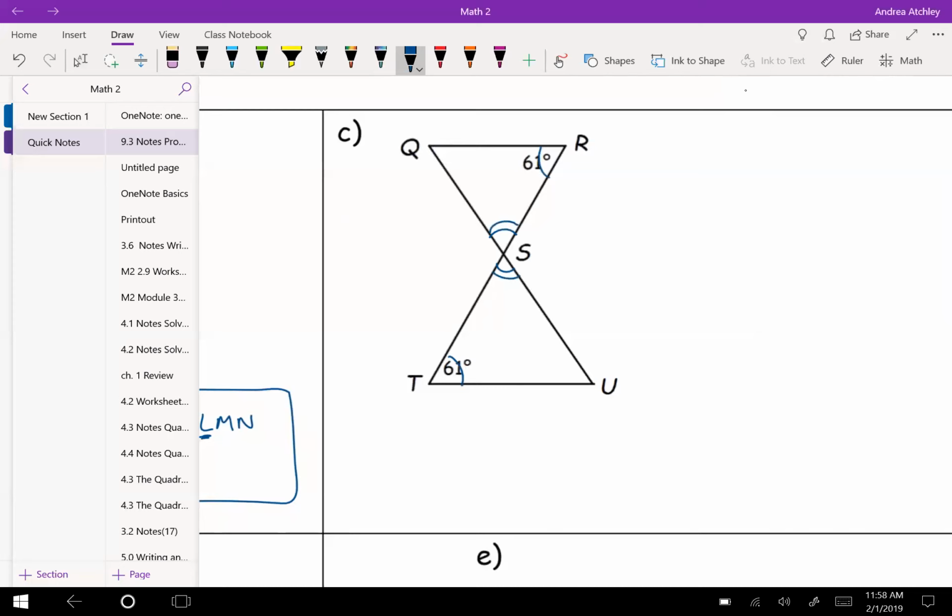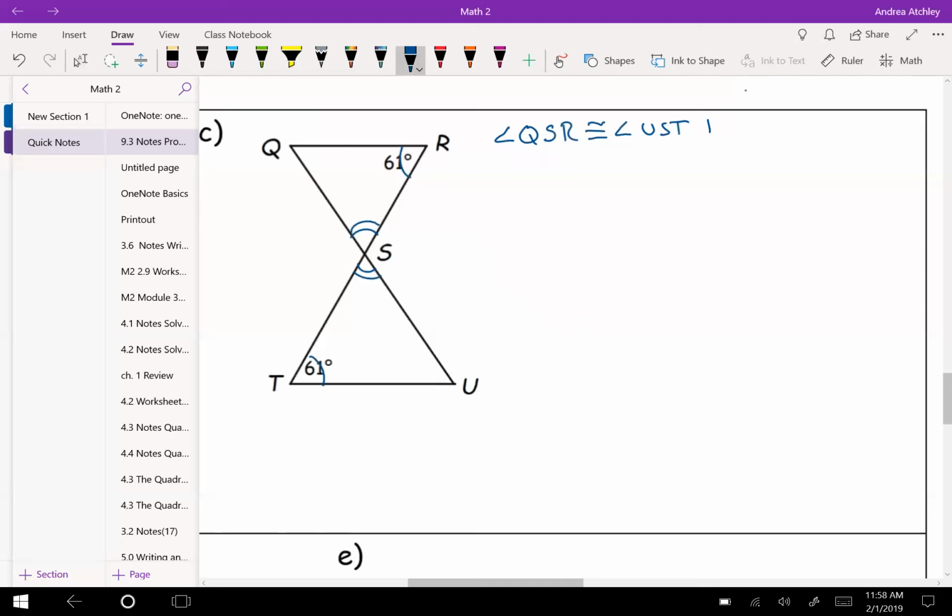Okay? And you're going to write that down. Angle QSR is congruent to angle UST because vertical angles are congruent.